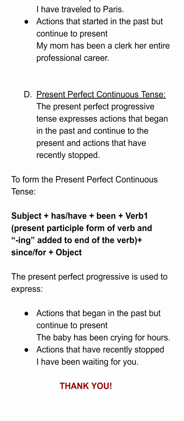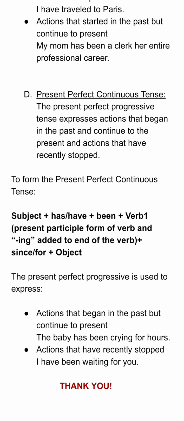Now the actions may have stopped or may not have stopped, but they have started a long time back. Such sentences are termed to be in present perfect continuous tense. Clear? To form the present perfect continuous tense, we use the formula subject plus has or have plus been plus verb 1, that is the present form of verb, along with ing added to end of the verb, plus since or for plus object.